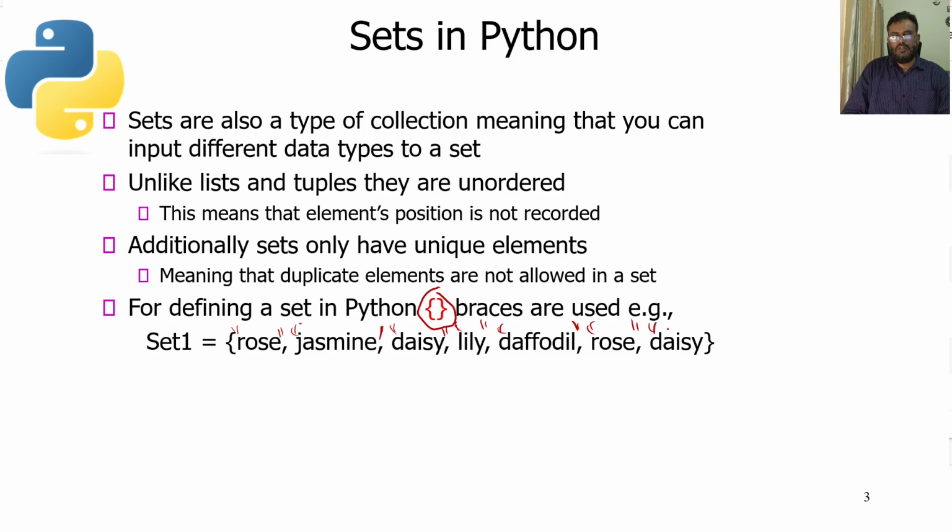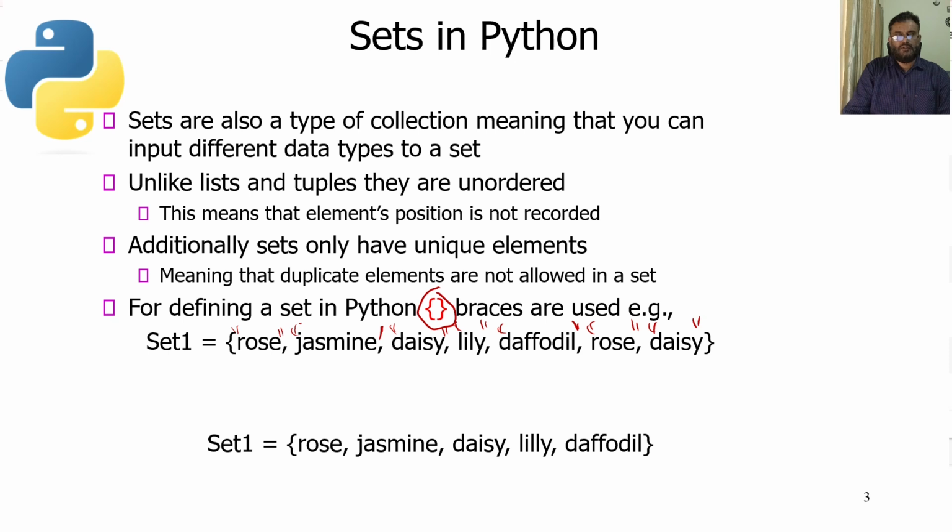Now you can see here more than one occurrence of Rose and more than one occurrence of Daisy. So when I try to output this set, it will have just one occurrence of Rose, as you can see here, and one occurrence of Daisy, as visible from these arrows.